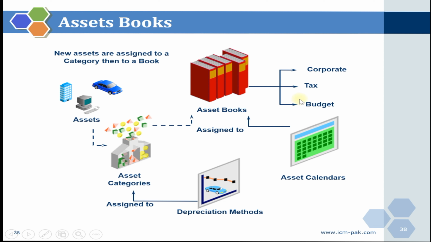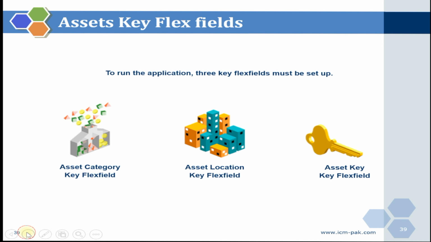For your assets, you can have multiple books, and those books are assigned to categories, and your assets will be assigned to the category, because based on that category, your accounts and your depreciation method will be linked, and based on that your depreciation will be calculated. So this is all about asset books. We will create the asset books, we will create the assets, and we will do the asset transactions as well.